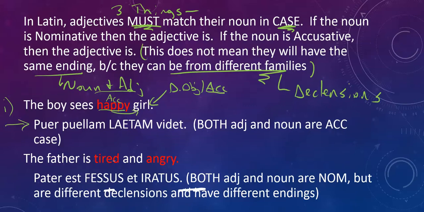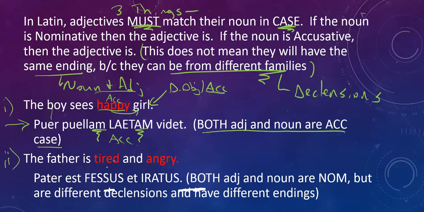So now when we look at the Latin, we see puer for boy, puellam accusative, laetam accusative, videat for sees. The boy sees the happy girl. Both the adjective and noun are accusative, because the noun was.